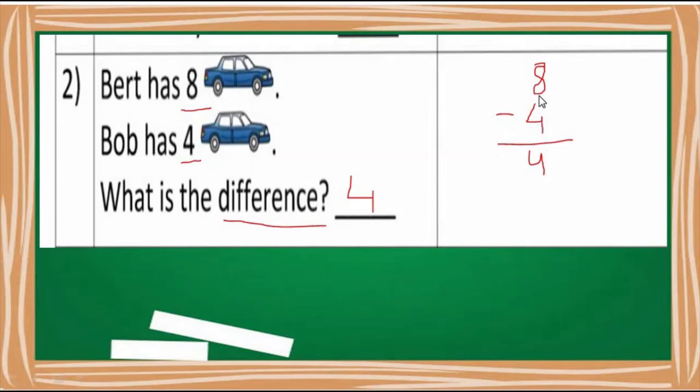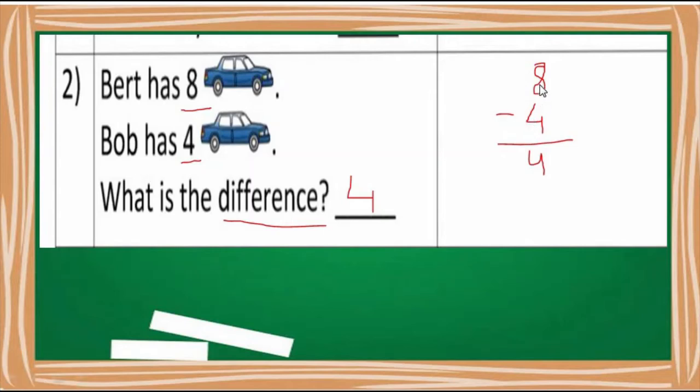Okay, so first of all, we have the number of things which the first person has, which is 8. After that, we have to put the sign of subtraction, 8 minus, and write the number of things the other person is having. Means Bob is having 4 cars, which we have written here.